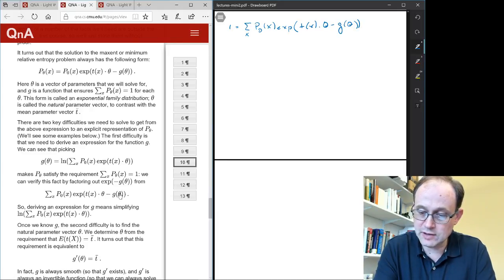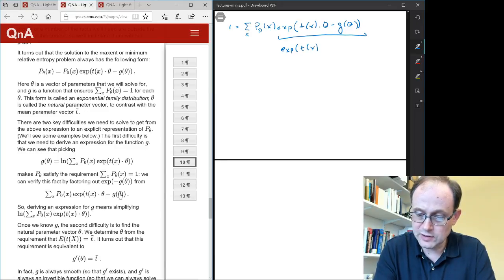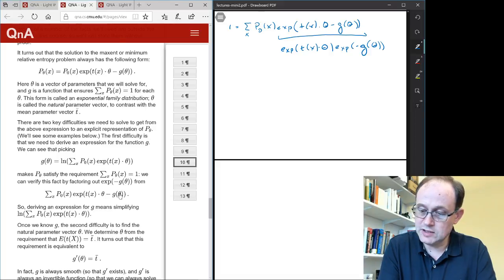We can factor this term, right? This is just exp of t of x dot theta times exp of minus g of theta. Then we can divide through. This doesn't contain an x, so we can pull it outside the sum and divide through.